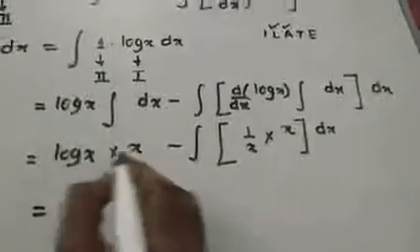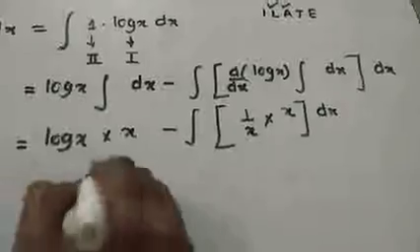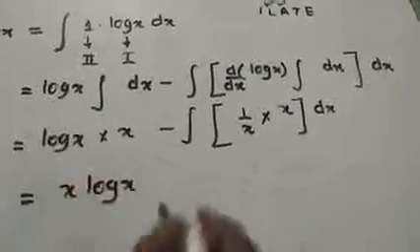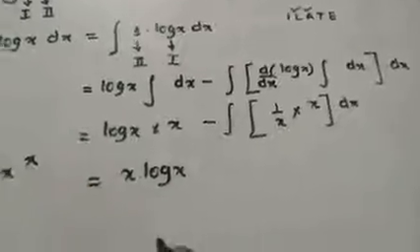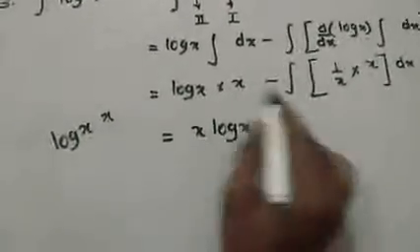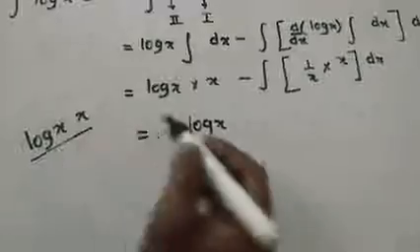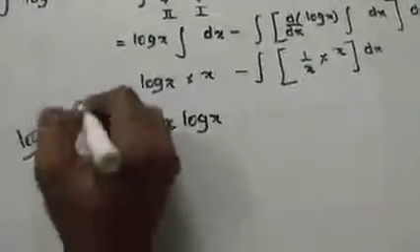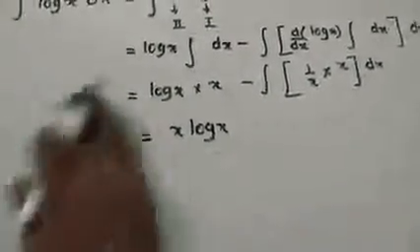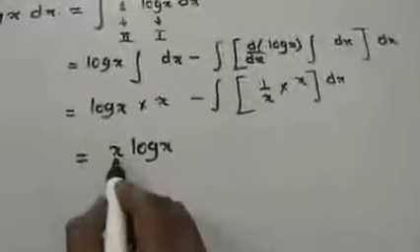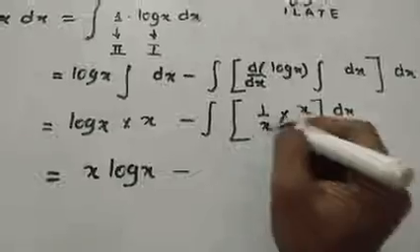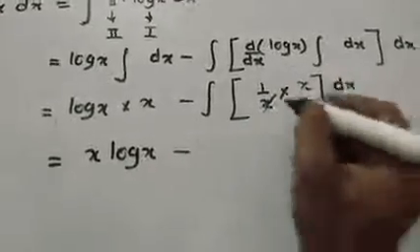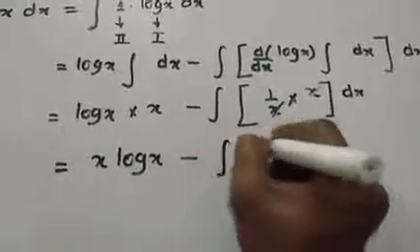Now here log x into x can be written as x log x. We will not write it in the form log x times x, because that doesn't represent the proper form. You have to always write it this way: x log x minus, now here 1 by x into x, that is x cancels, so what remains? 1 dx.